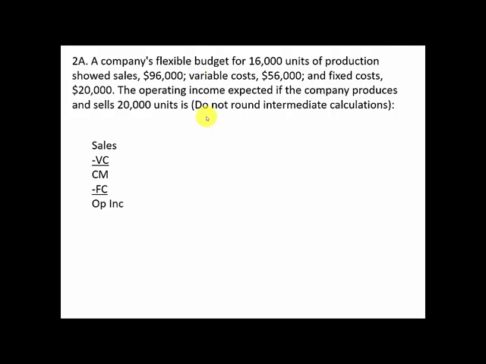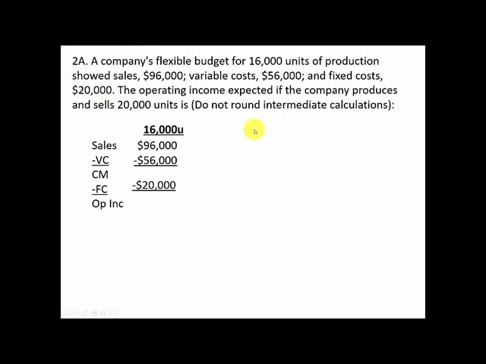And this is a flexible budget, which means that things change when volume goes up and down. So if this is the budget for 16,000 units, sales of 96, variable cost of 56,000, and fixed cost of 20,000, then we're going to make a budget based on 20,000 units.